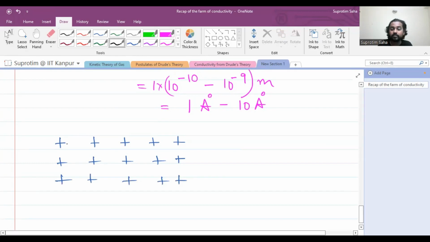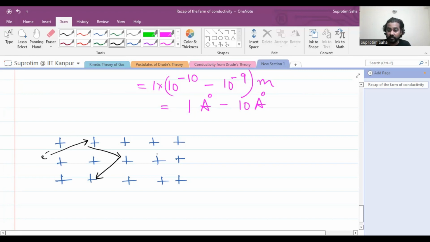If the electrons are randomly moving about, they move in between the lattice sites. So this is your electron, e minus. This gets to this point, this gets to this point, this can get to this point. So this is the typical length scale or the mean free path of the charge carriers.